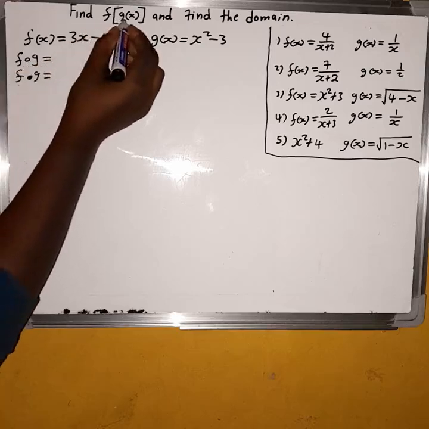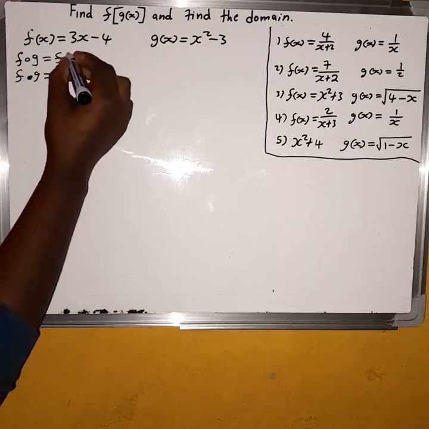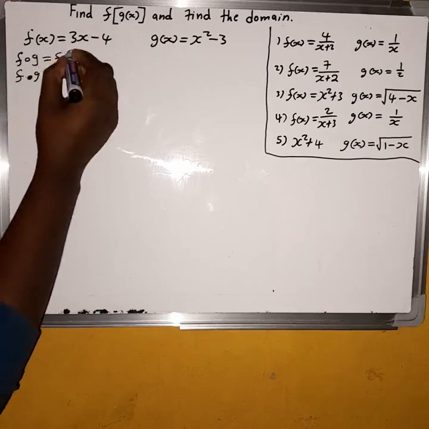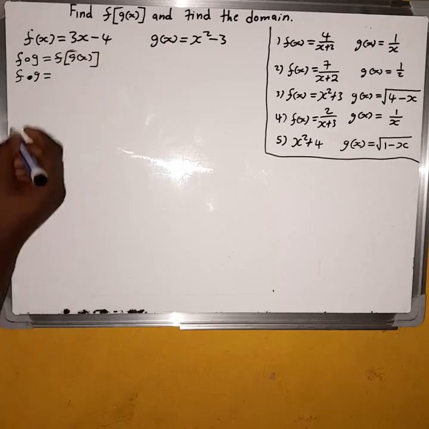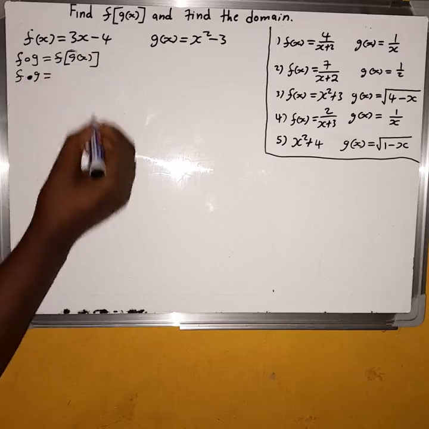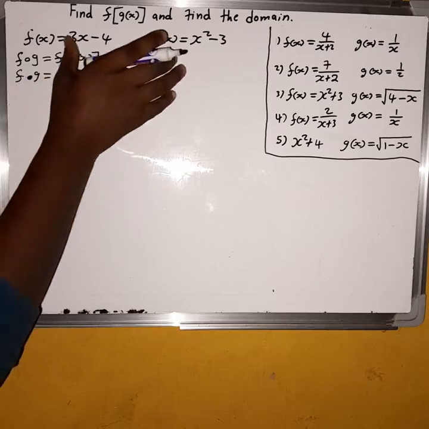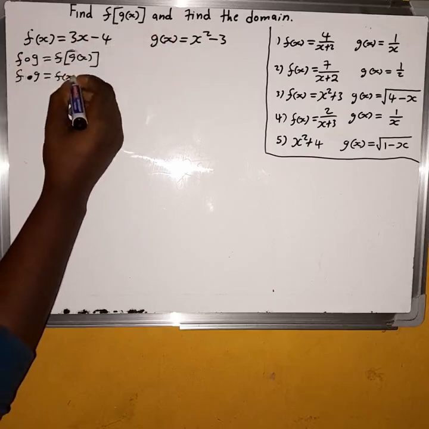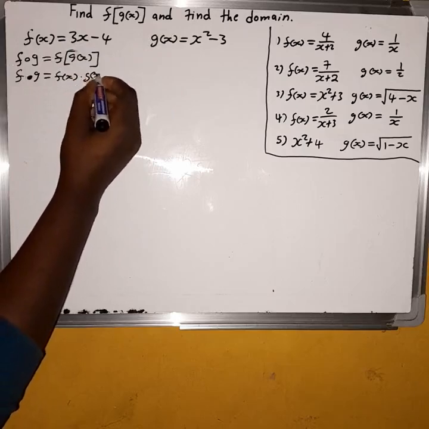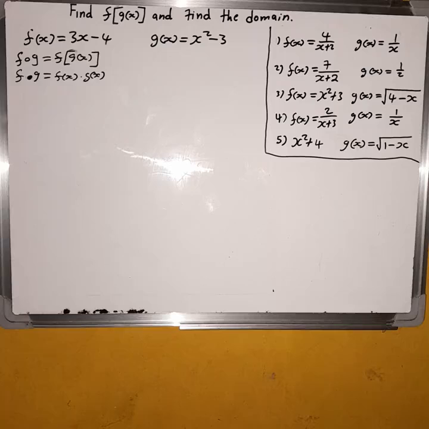This is equivalent to f into g of x. It is a multiplication of the two functions, f of x multiplied by g of x. That is the difference between those two, right?